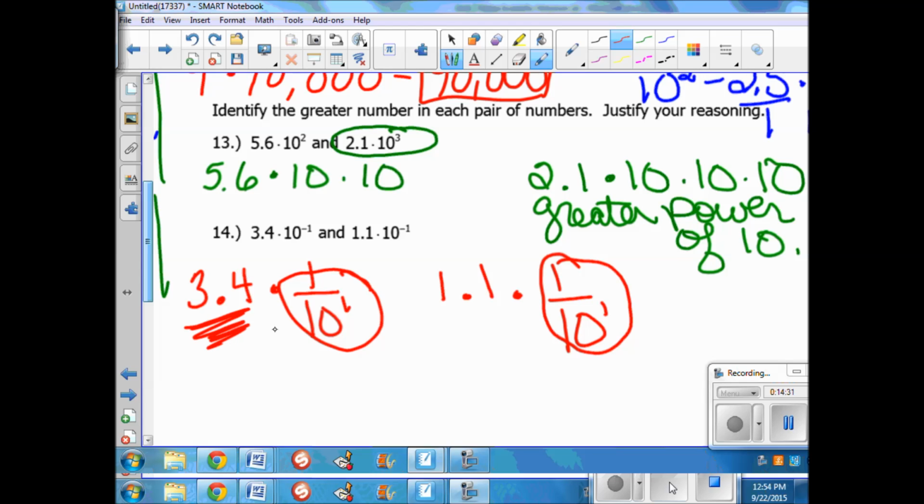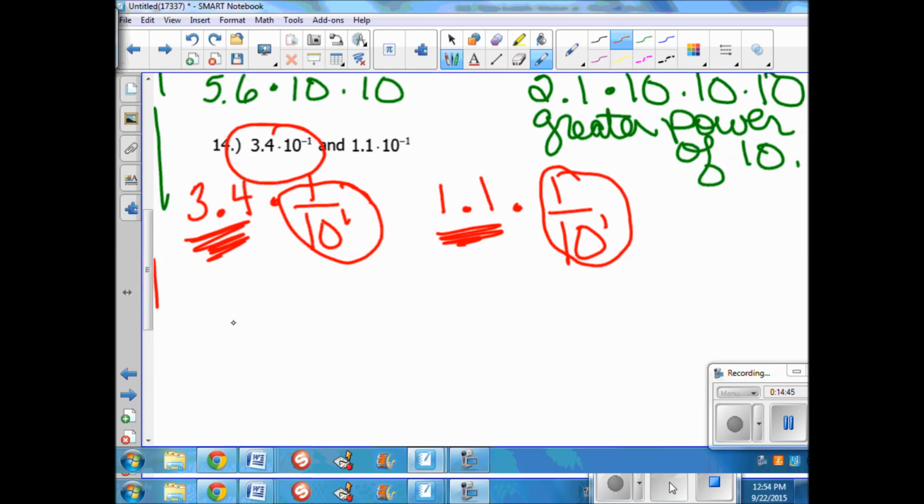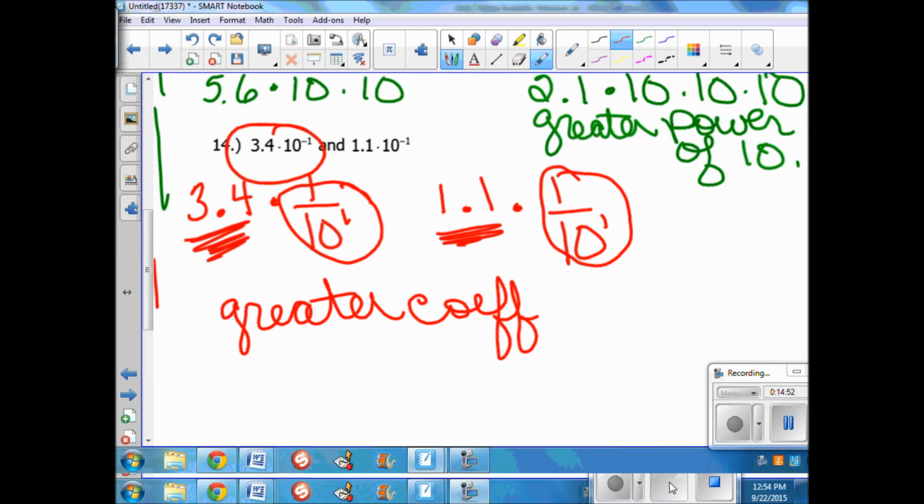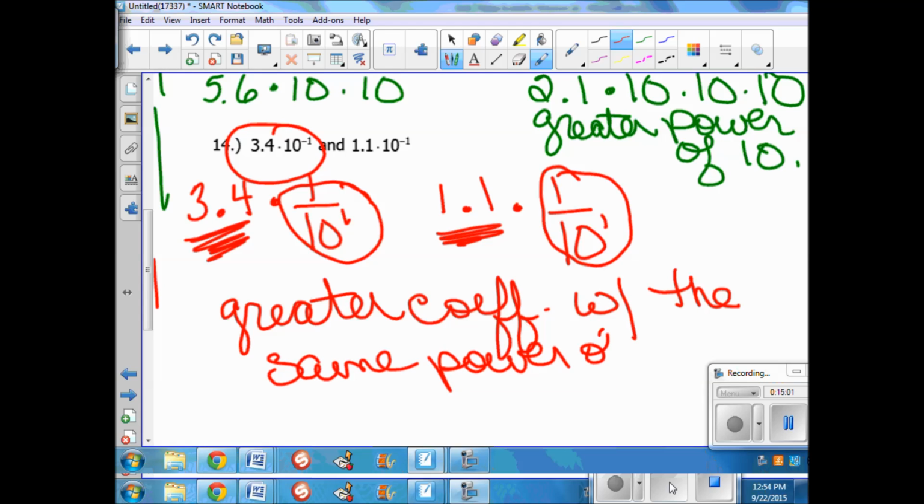But now let's look at 3.4 and 1.1. Which one is greater, 3.4 or 1.1? If the powers of 10 are the same, that 3.4 is going to be larger, okay, because we have a greater coefficient, okay, with the same power of 10. Okay? Nice job, guys.